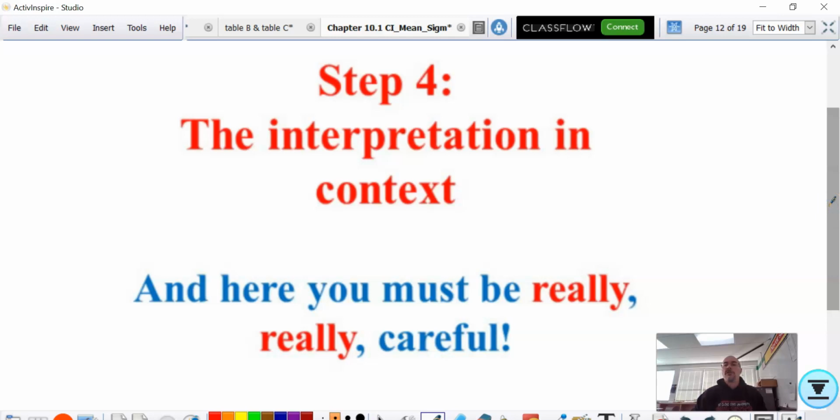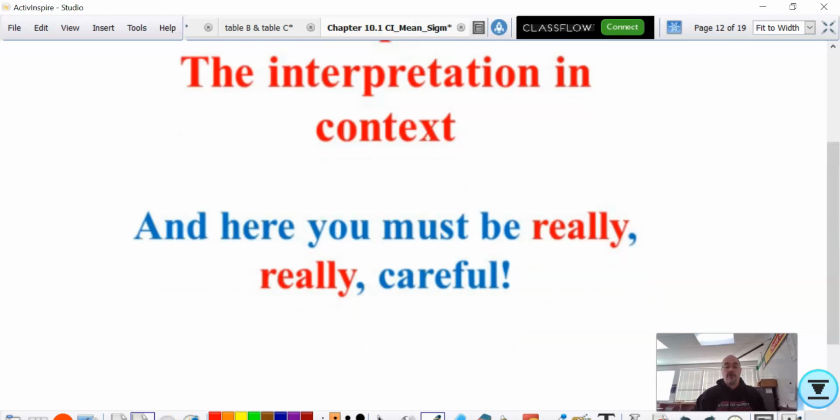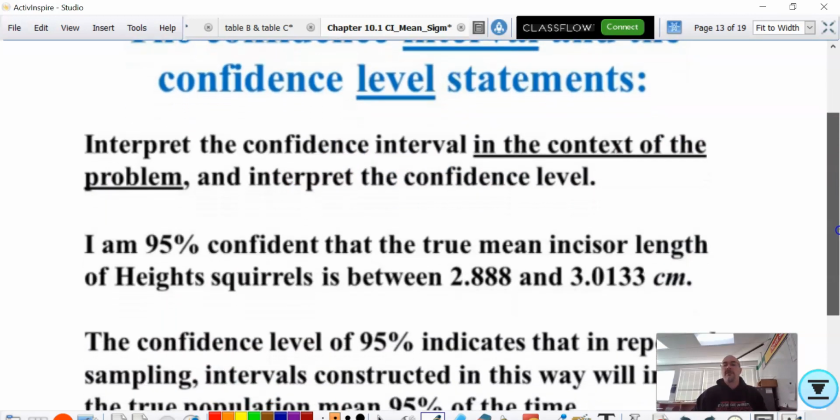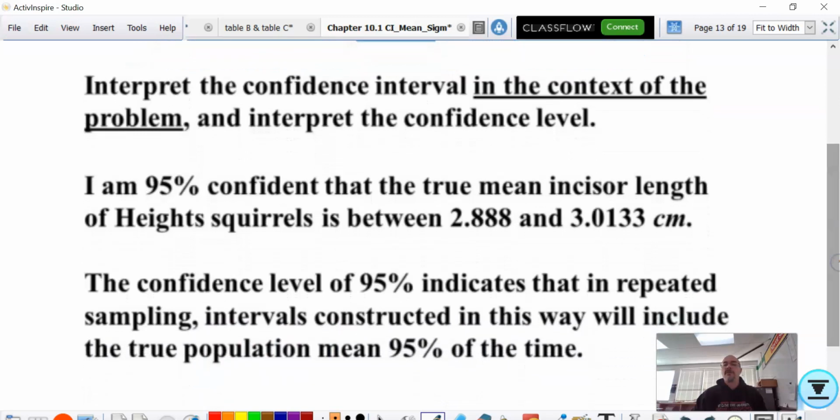Okay, the interpretation in context, and here you must be really, really careful. The confidence interval and the confidence level statements. Interpret the confidence interval in the context of the problem and interpret the confidence level. Okay, note the difference.